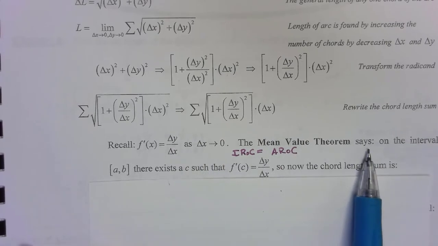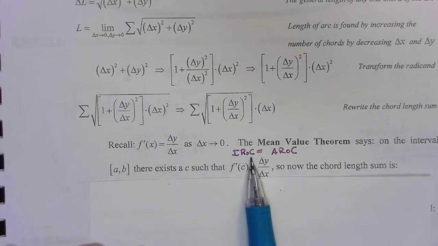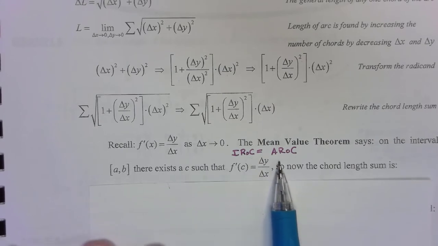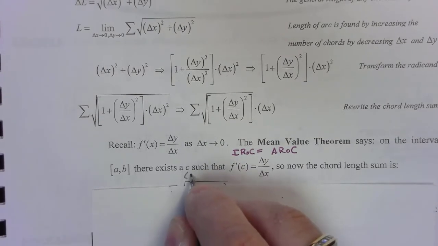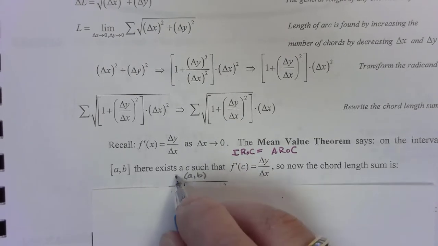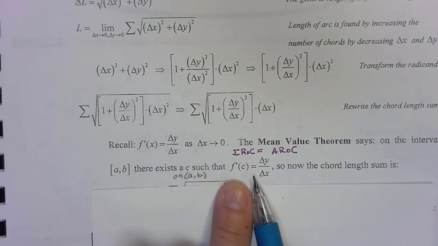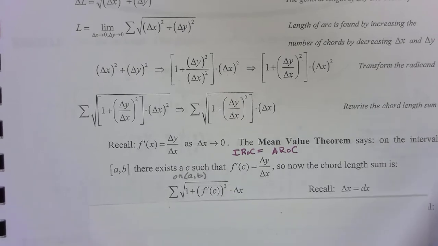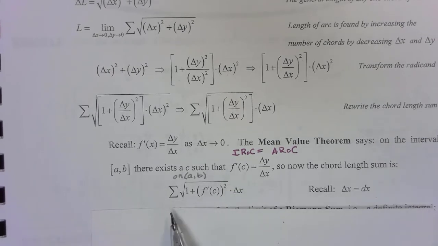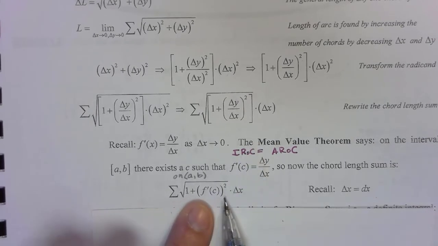Then our mean value theorem says that the instantaneous rate of change equals the average rate of change. If we have a closed interval a to b, there exists a c on the open interval from a to b, such that f prime at c is delta y over delta x, or our average rate of change. So now our chord length sum becomes this.